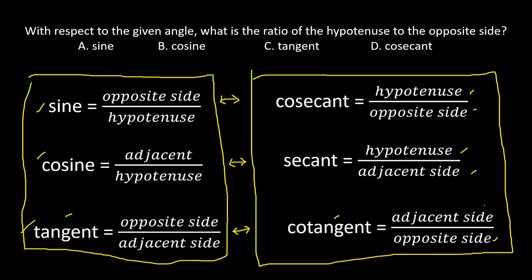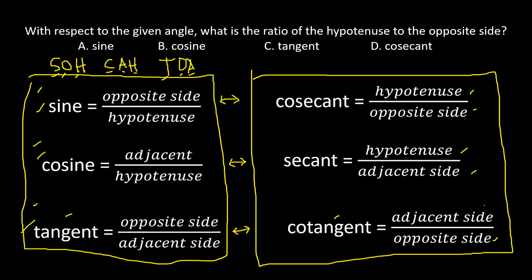So there is a mnemonic or a technique in memorizing the first three trigonometric ratios, and we call it SOH-CAH-TOA. SOH stands for sine, opposite over hypotenuse, CAH stands for cosine, adjacent over hypotenuse, and TOA is tangent, opposite over adjacent.